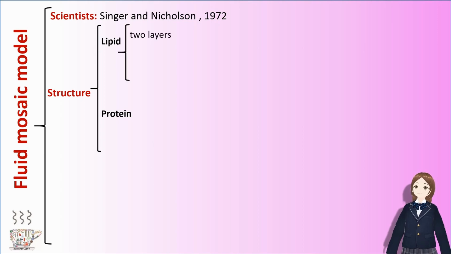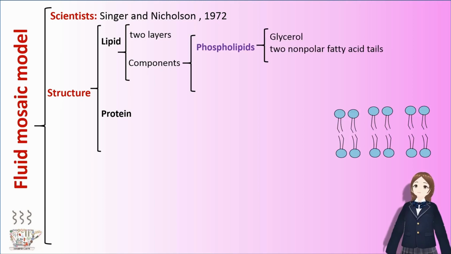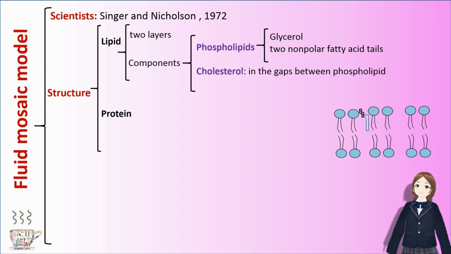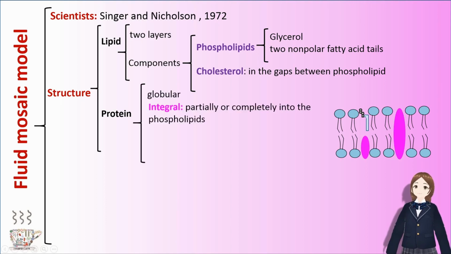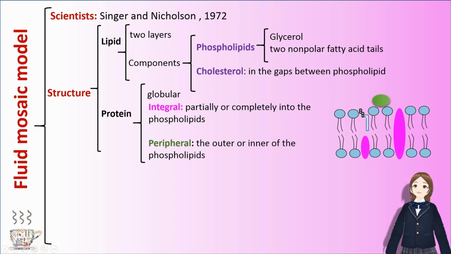The lipid is two layers and composed of phospholipid that contain glycerol and two nonpolar fatty acid tails, and cholesterol in the gaps between phospholipids. Protein is globular. It's divided into integral, that goes partially or completely into the phospholipids, and peripheral, the outer or inner side of the phospholipids.